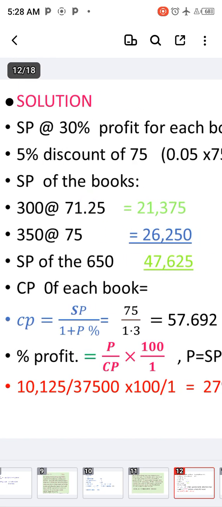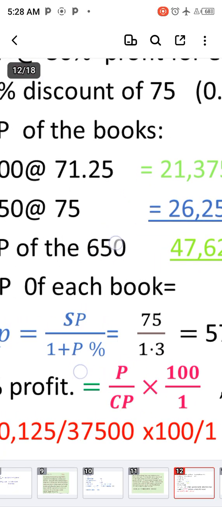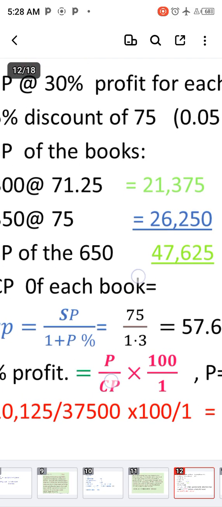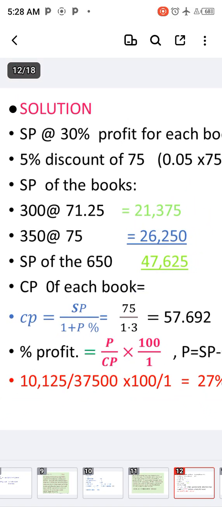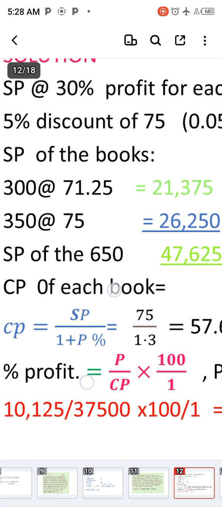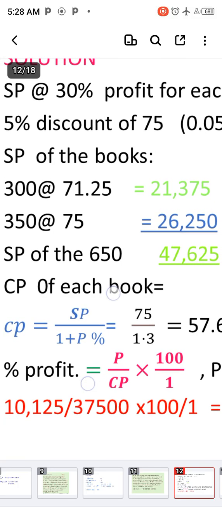Now, what is the cost price of the 650 copies of the book? To find the cost price of the 650 copies of the book, we are first of all going to find the cost price of each copy of the book. And in the question we were informed that 75 naira was at a profit of 30%. So to find the cost price of one book, we use the cost price formula, which says cost price is equal to selling price over 1 plus profit percent.